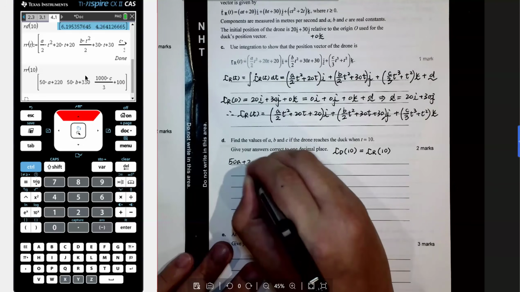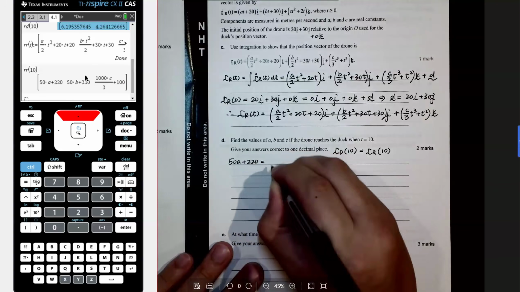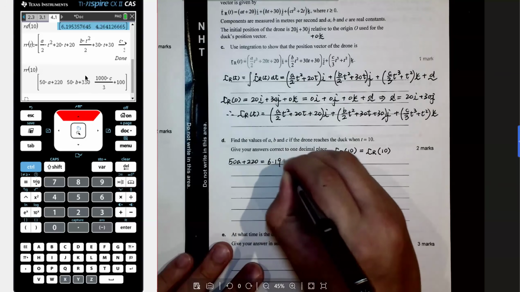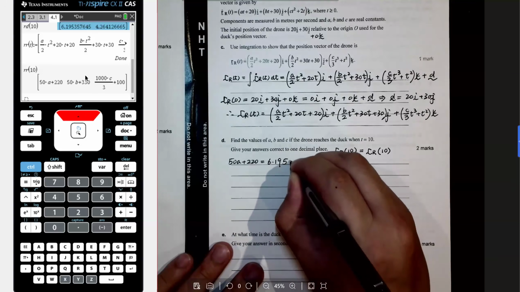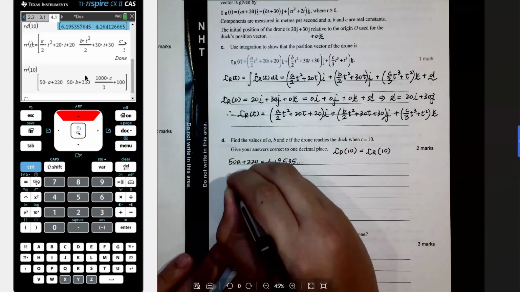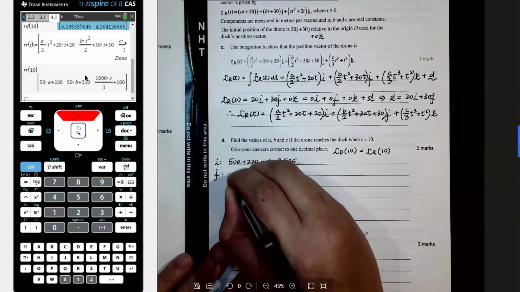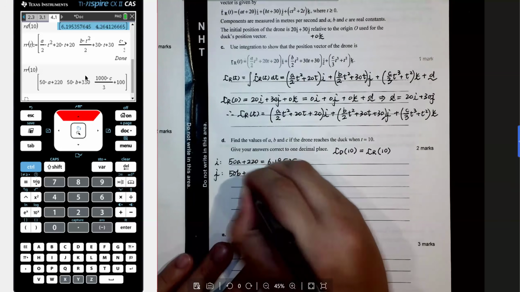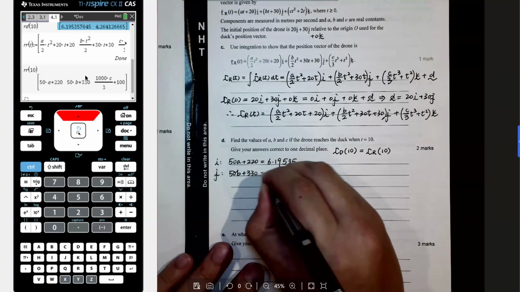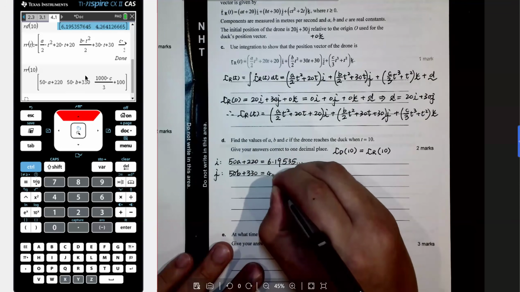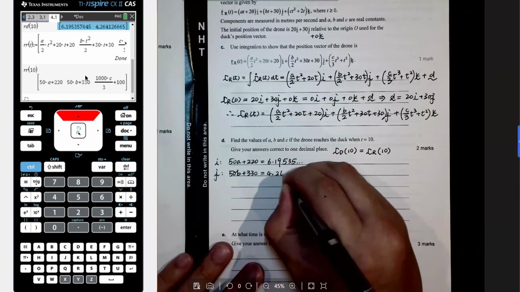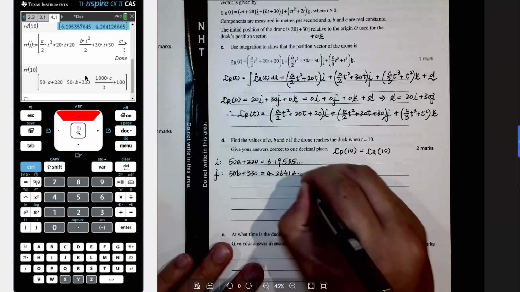So I have 50a plus 220 equals to 6.19535 dot dot dot. And that's the I component. J component, you have 50b plus 330 equals to 4.26412 dot dot dot.